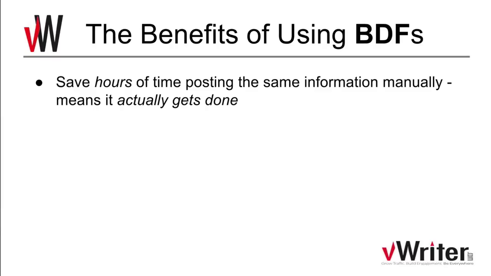And more than likely, and I've found it in my own experience, it just doesn't get done. So a social profile that could have otherwise looked active just doesn't, because you just don't get around to doing that at the right time. So it not only saves you time, it also means it actually gets done, which is really useful.